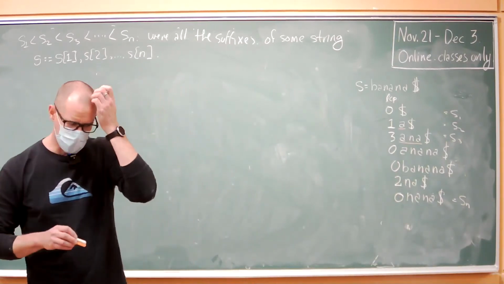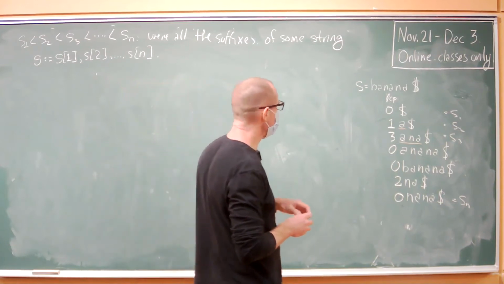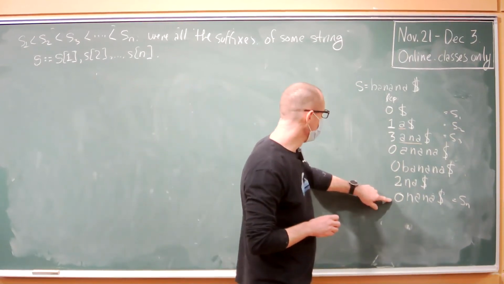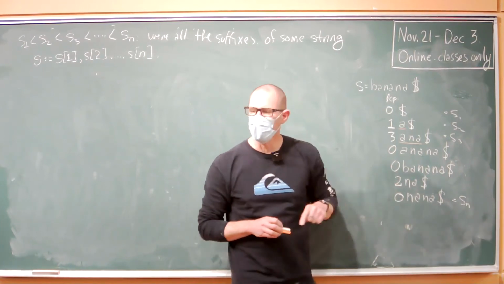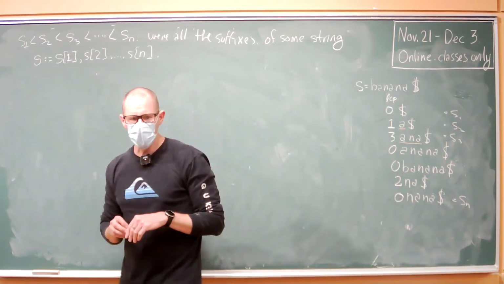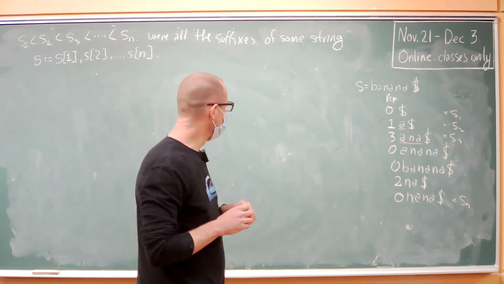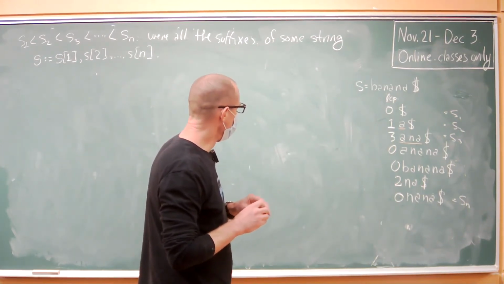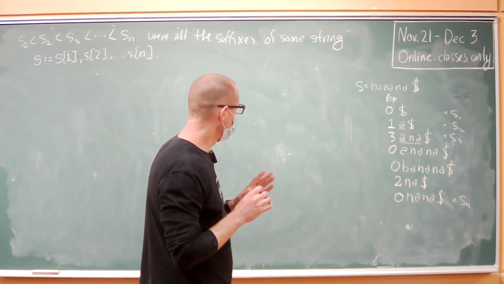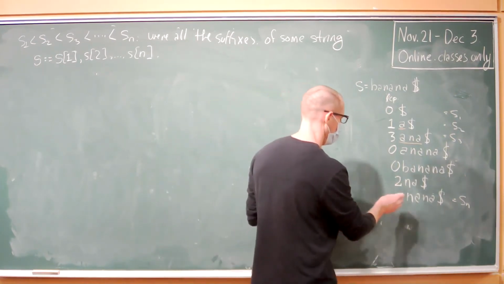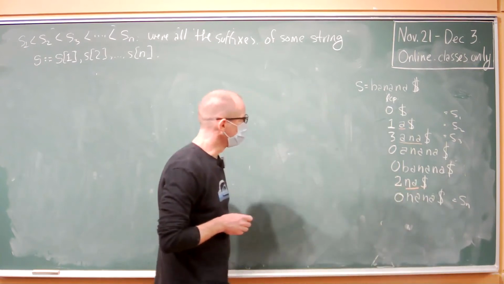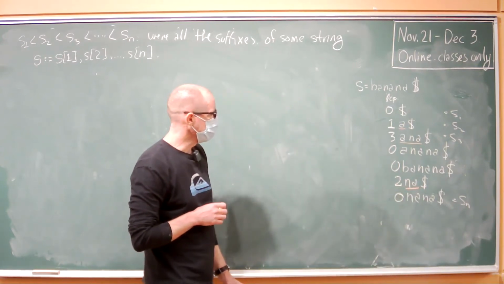So I claim that we can actually get this sequence of LCP values in O of n time. And let's see if we can work through that slowly and carefully so that we can remember it for at least 5 minutes after the class is over.